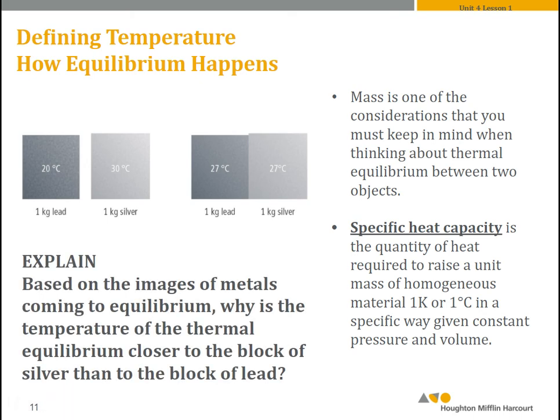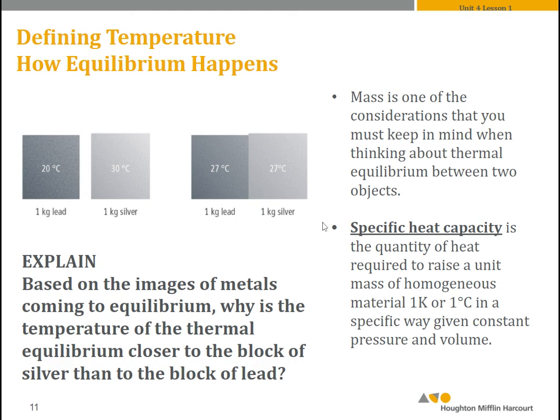If we look at these images, why is it that we end up with the kilogram of lead heating up more than the kilogram of silver cools down? Why is the temperature of the thermal equilibrium closer to the block of silver than to the block of lead?